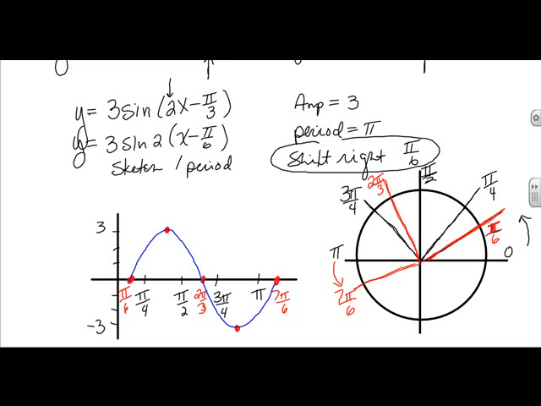Let's do a cosine example. Y equals -3 over 2 times cosine of 2 pi x plus pi. Okay, 2 pi here is the coefficient of x.